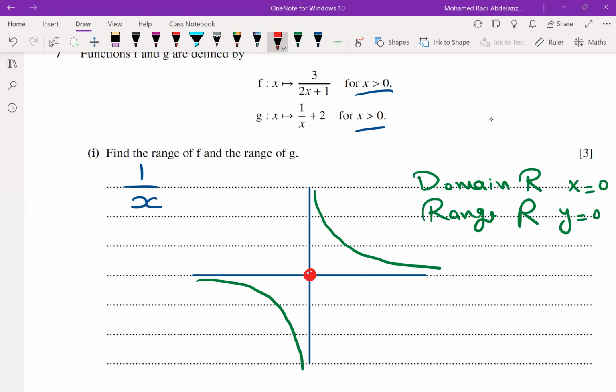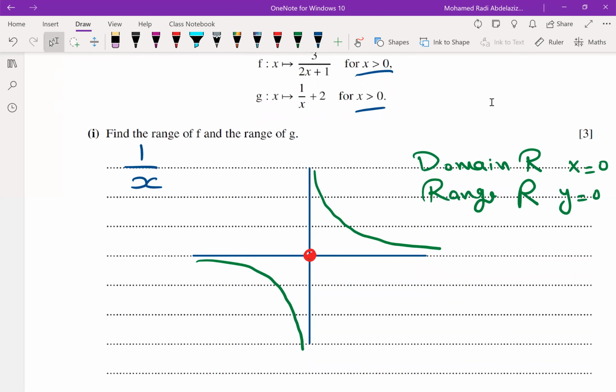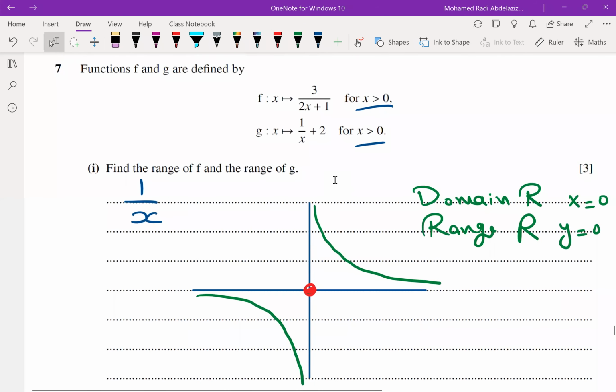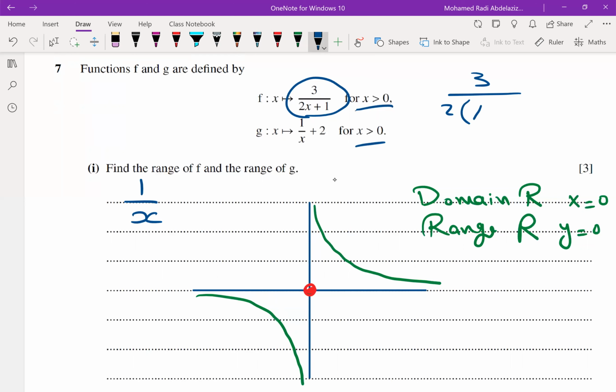What will happen to the graphs of g(x) and f(x) using transformation? If we start with f(x), I will write it like this: 3 over, if you take 2 outside, x plus half. So this function is translated by the vector (-1/2, 0).